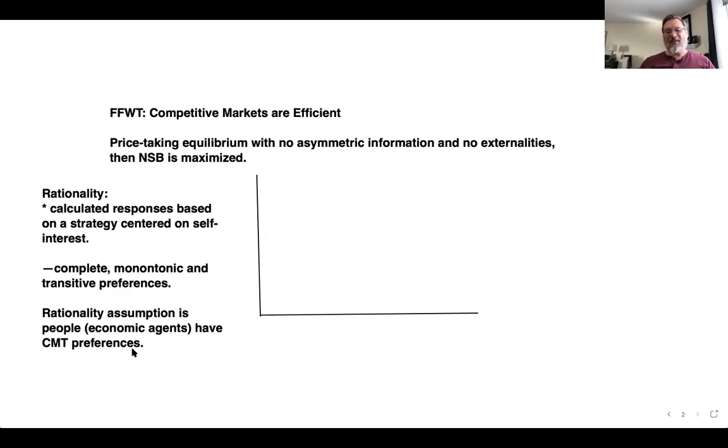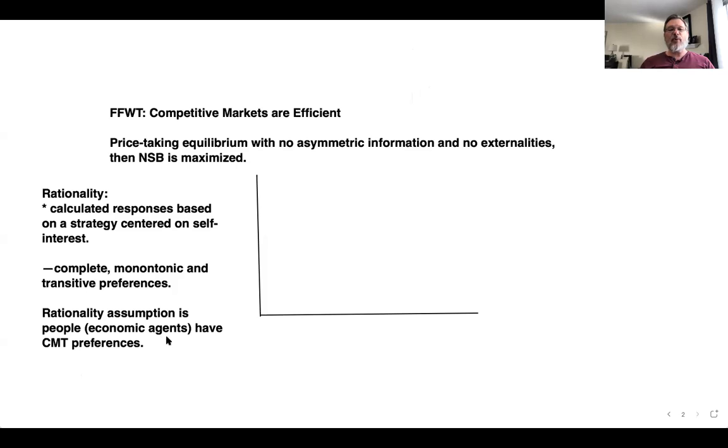If I just say CMT preferences, then I can be clear and specific, and they have to argue more deeply. They have to understand something in order to object.